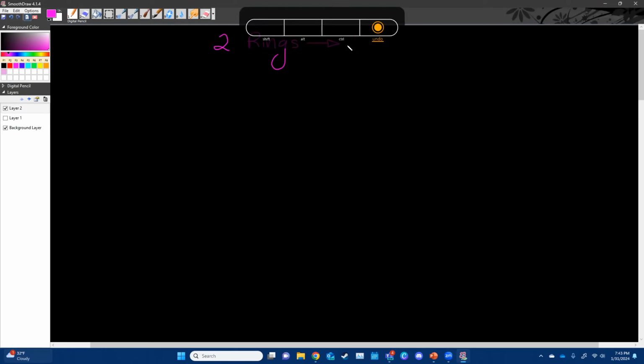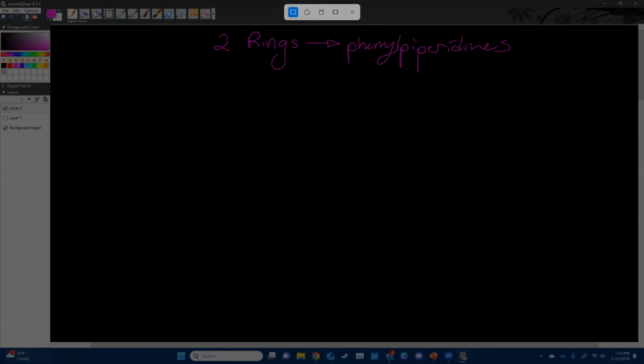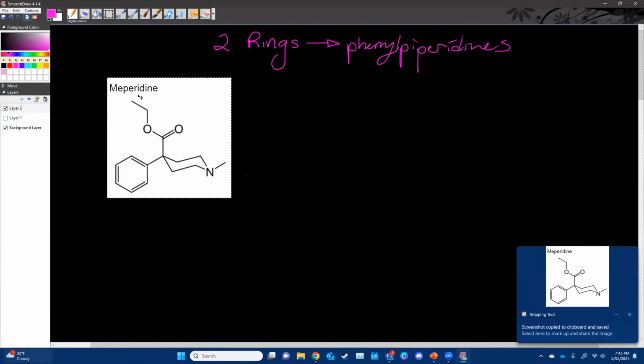In other words, these are two rings and are called our phenylpiperidines. So the quintessential drug that we have is meperidine.